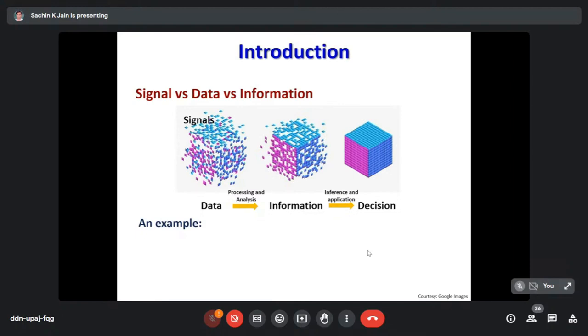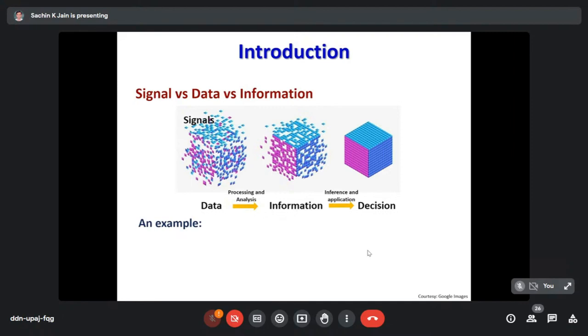Now, how are signal, data and information related? A signal is basically some variable that carries some information, but that may be hidden in it, or may be incomplete, may not be purely visible. So signals together constitute data. A signal of longer duration when stored together could be data.